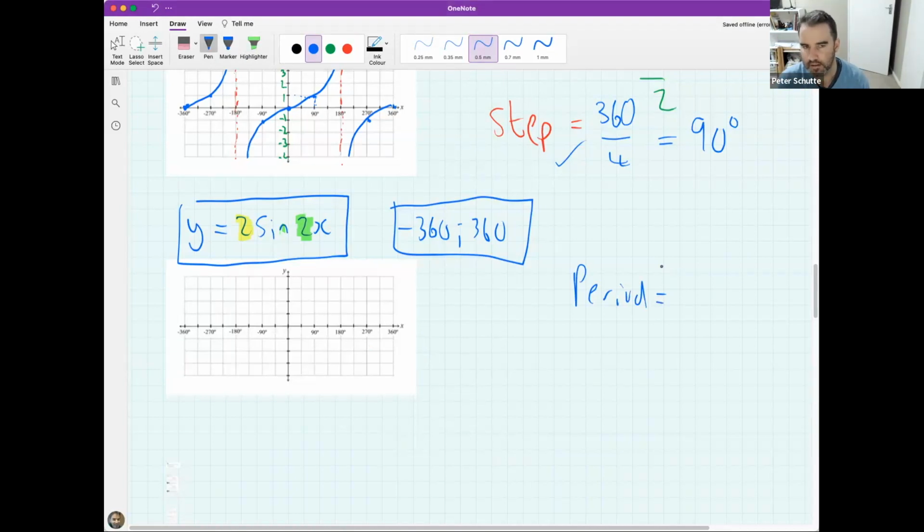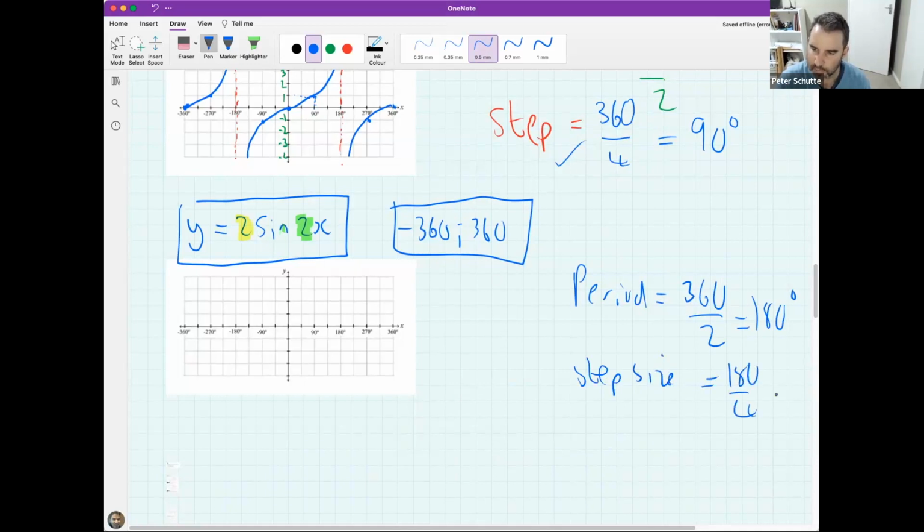Well, the number in front doesn't affect the period. It's just the one inside. So the period of this graph is 180, and the step size is just going to be 180 divided by 4, which is 45. And the reason I'm choosing divide by 4 is because that gives us enough information that we can see how it's being drawn.